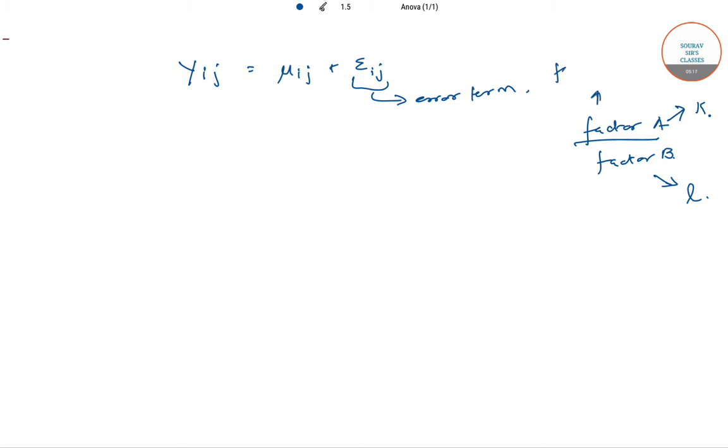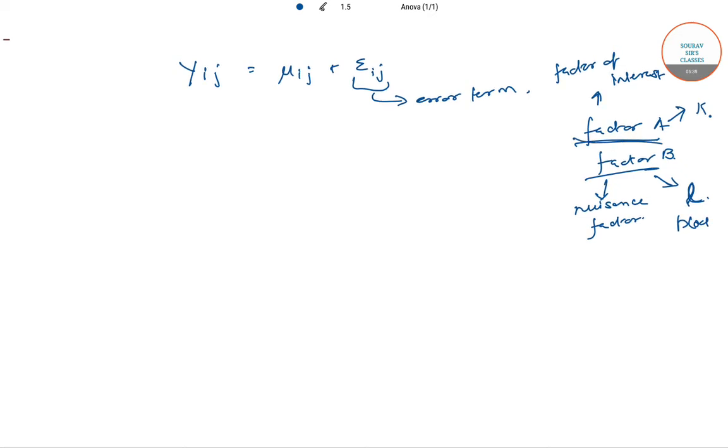So it is our factor of interest, and factor B is the nuisance factor. So factor A, our factor of interest, has k different levels, and this experiment is run in L blocks.